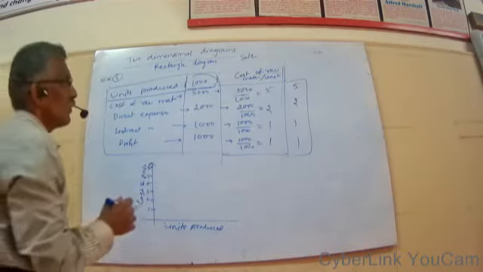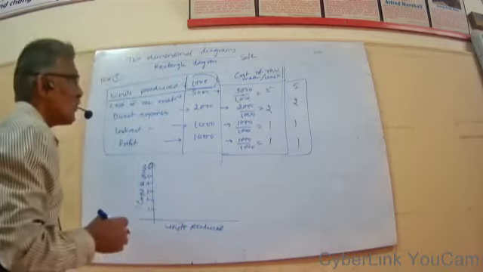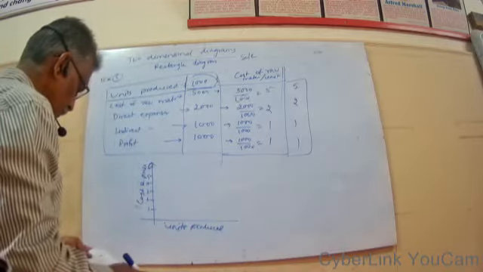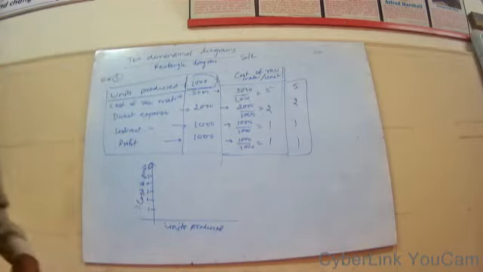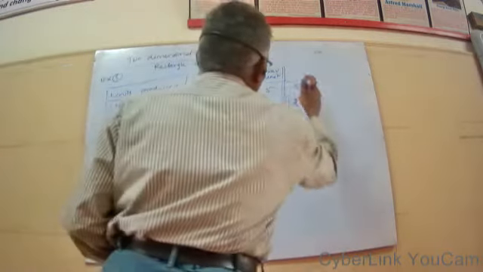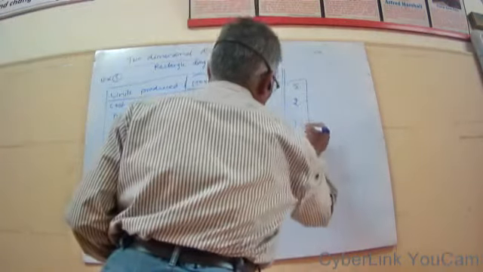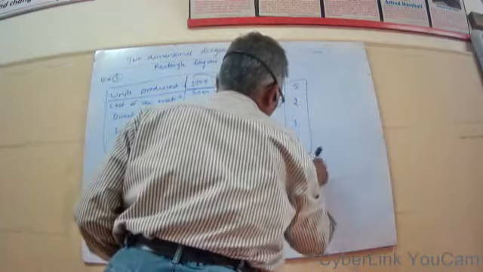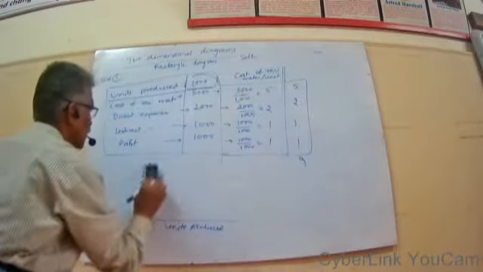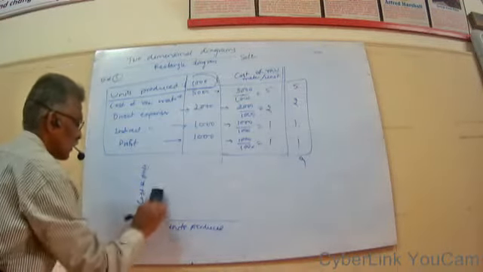Sorry, the total is 9: 5 plus 2 is 7, plus 1 is 8, plus 1 is 9. So we need the total in one bar, so 9 we want.